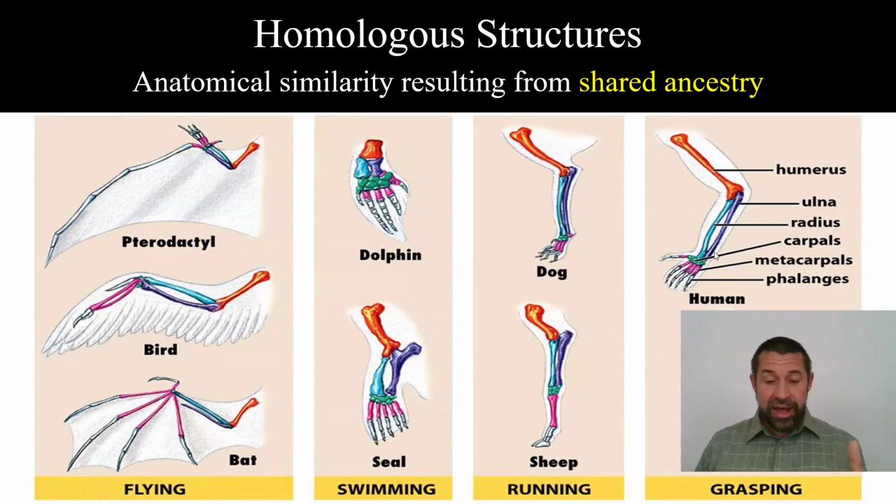So regardless of how the vertebrate gets around, whatever its ecological niche, whether it's a flying vertebrate, a swimming vertebrate, a running vertebrate, we see the same architecture in the forearm.